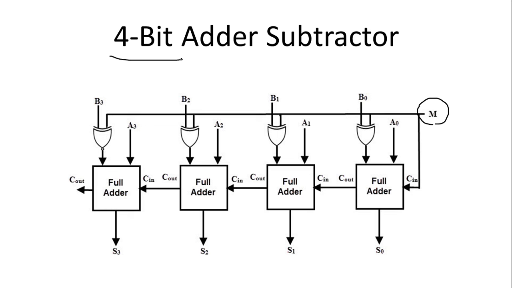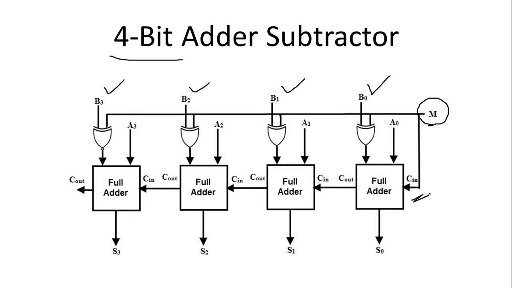It is important to note that M is attached with all B inputs, and it is being XORed with all bits. So here the value of M is being fed to our XOR gate with B0, then B1, B2, and then B3. And M is also attached with our Cin.